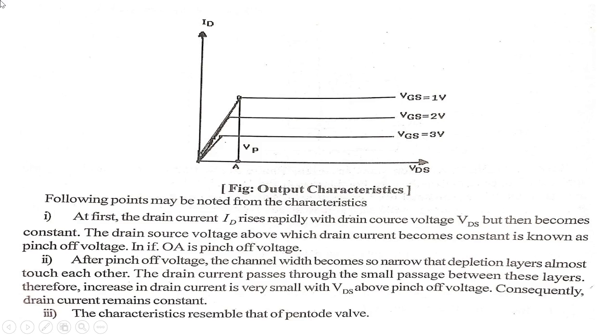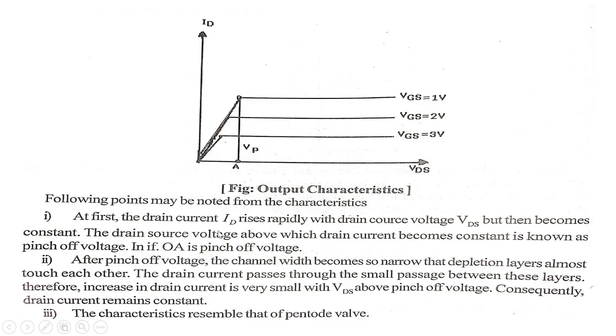Now see from the graph, along the y-axis is the drain current, and along the x-axis is the voltage between drain and source, VDS.